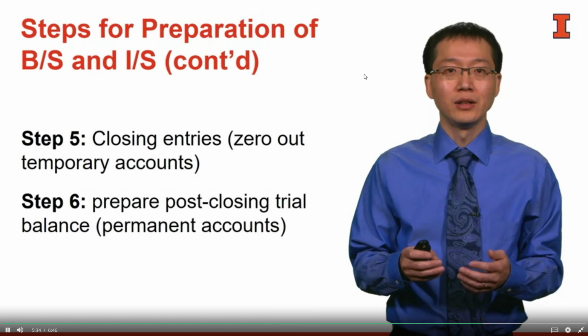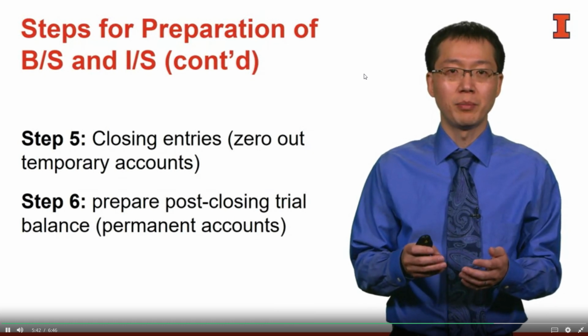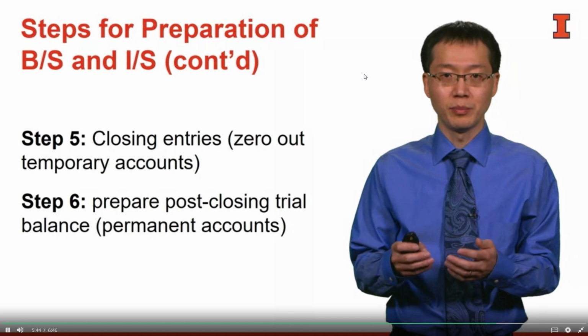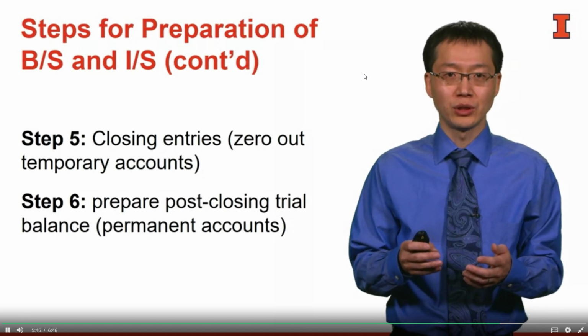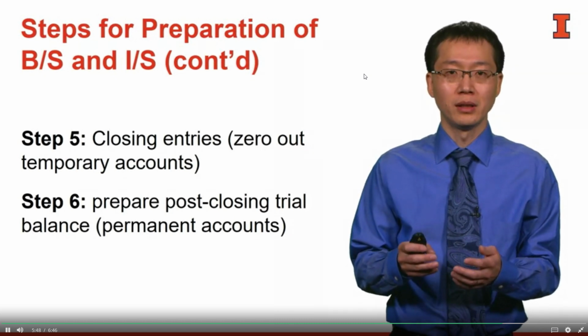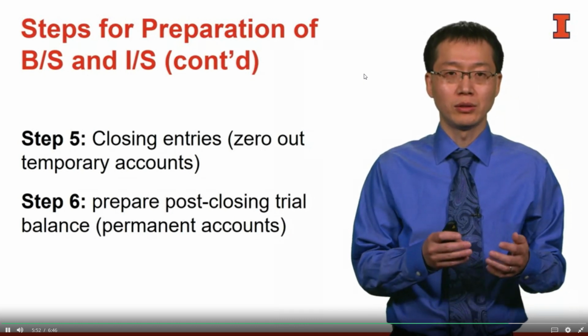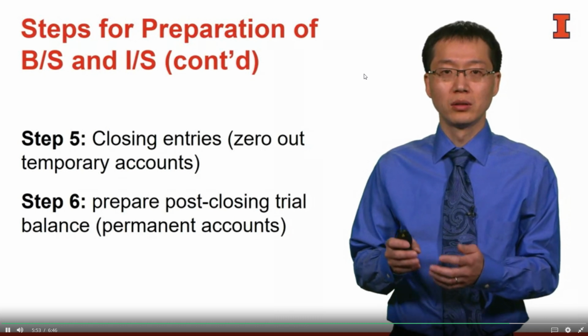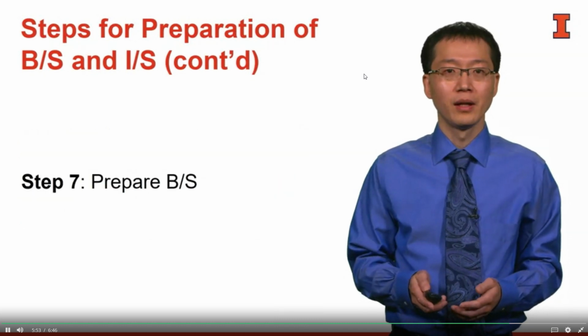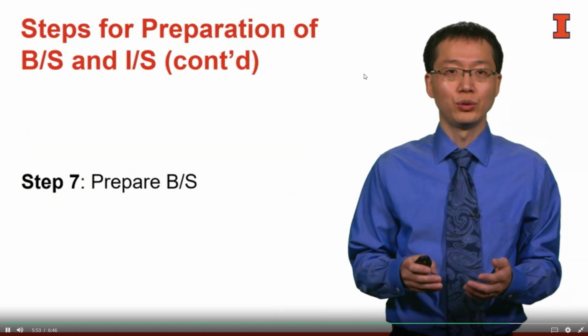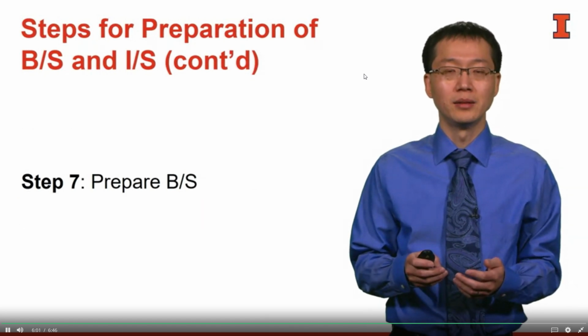After that, you need to prepare the post-closing trial balance. All the accounts here are permanent accounts. Once again, you need to make sure total debits equal total credits. If this is the case, you should be able to prepare the balance sheet.